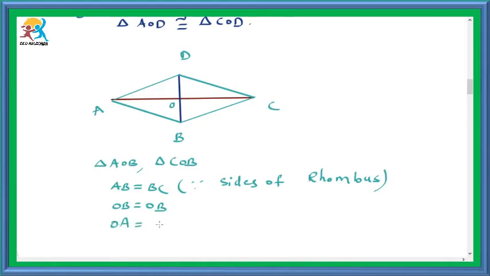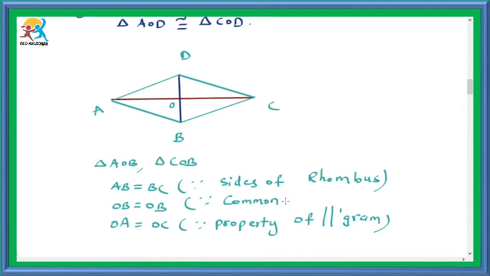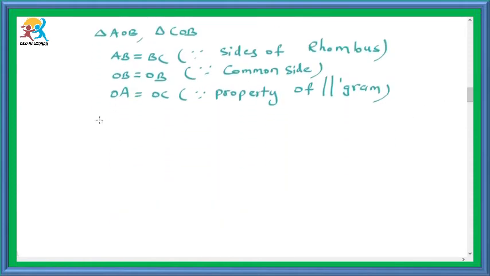This is the property from the parallelogram. By the SSS property, triangle AOB is congruent to triangle COB.